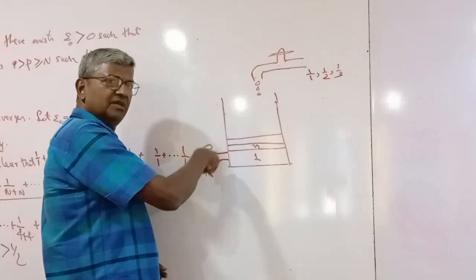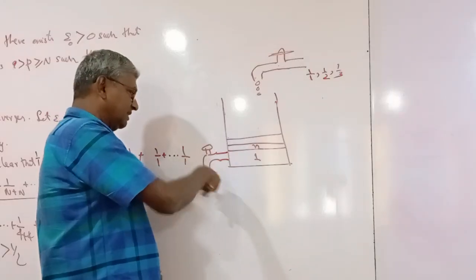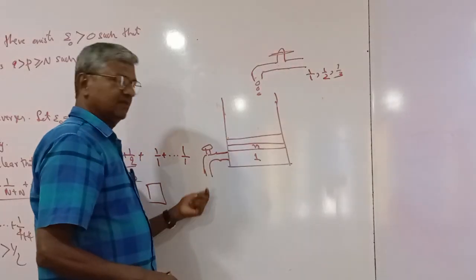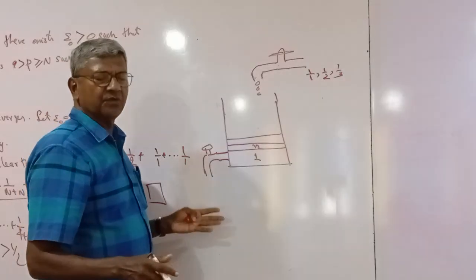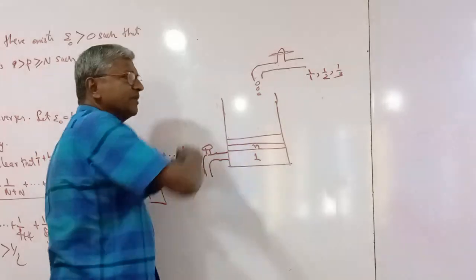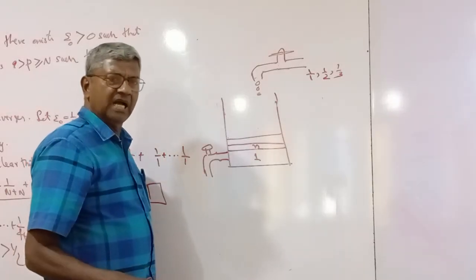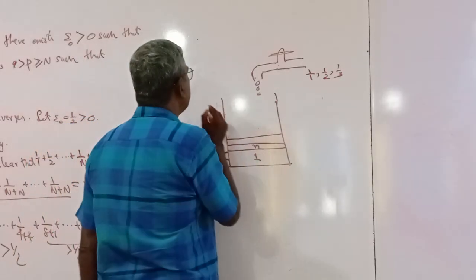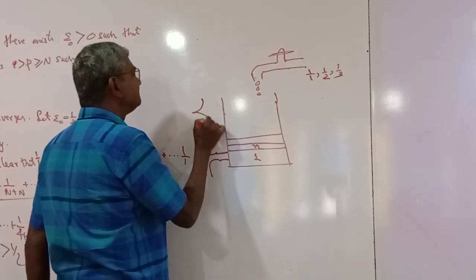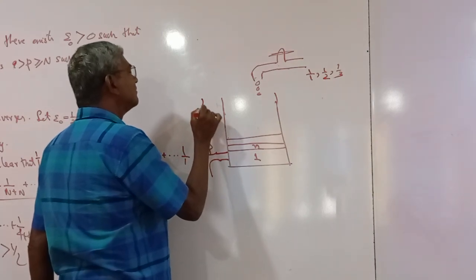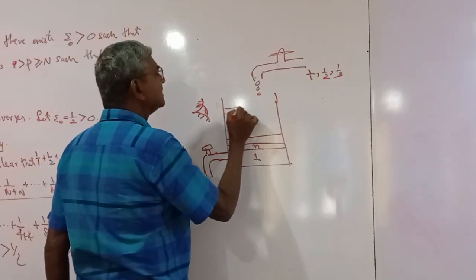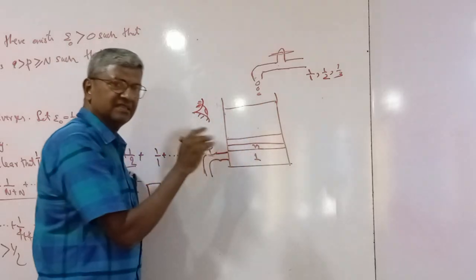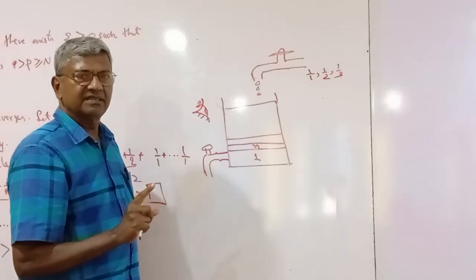Negative water you send away from the vessel from this tap. So a series being convergent means what? Both the taps are open. After some time, if you put your eyes here and look at it, the water level does not change.